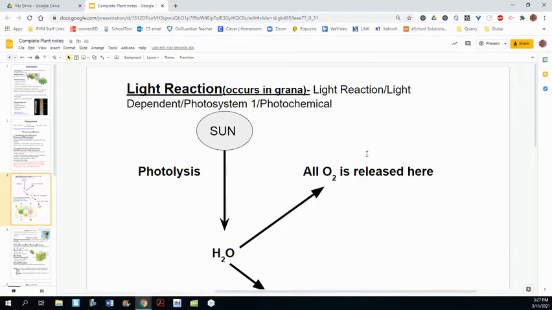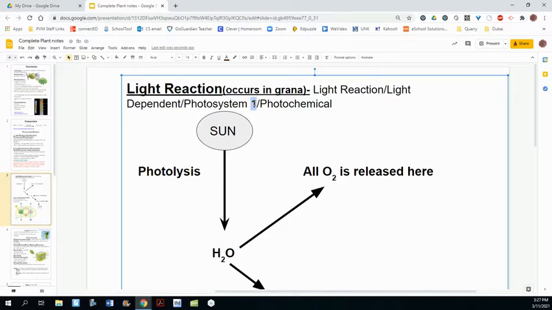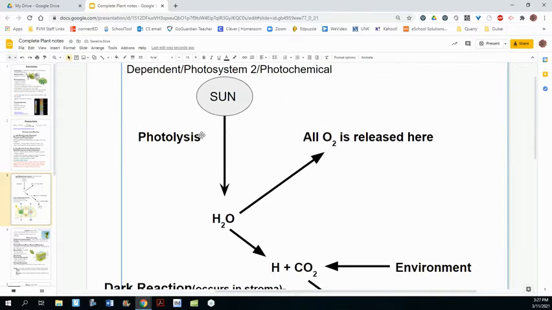So here's the light reaction in general. This occurs in the grana, which are those stacks of membranes, and this is the light-dependent reaction. We call this photosystem 2. All right. So the sunlight hits the water.